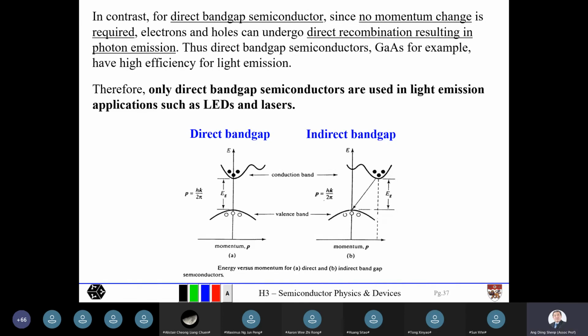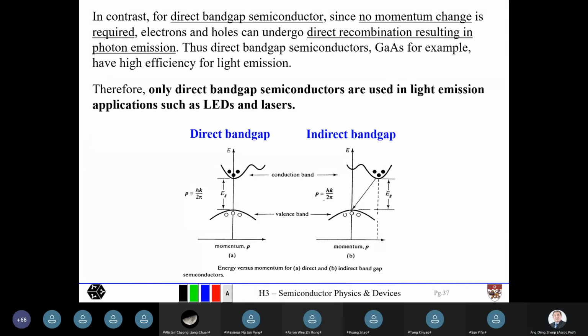I have another question since we are talking about this. We talk about direct band gap semiconductors, where recombination will lead to the emission of light. So my question is, in that case, will we see light emission from a piece of semiconductor like gallium arsenide? Because we are told that in a semiconductor, generation and recombination are continuously happening.